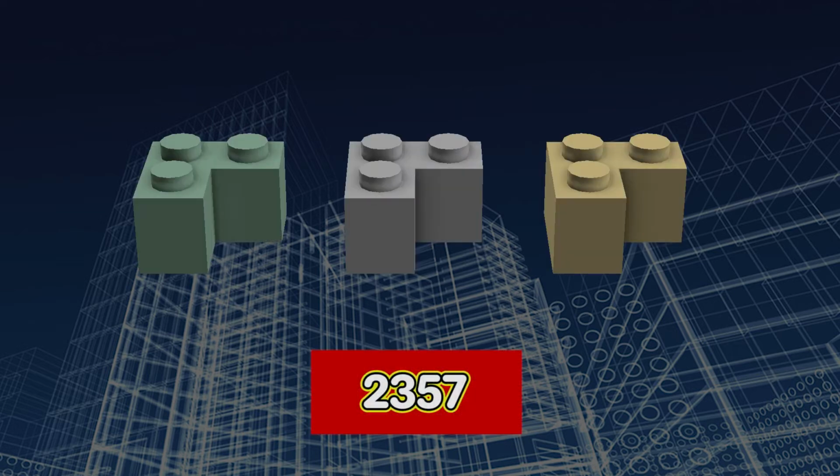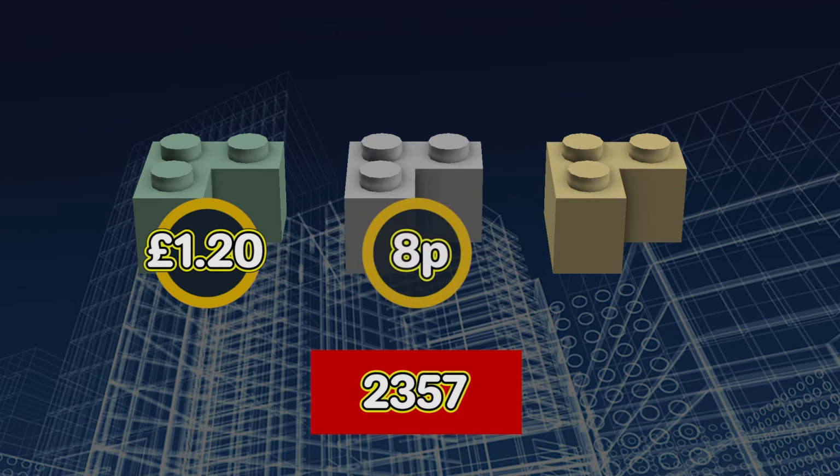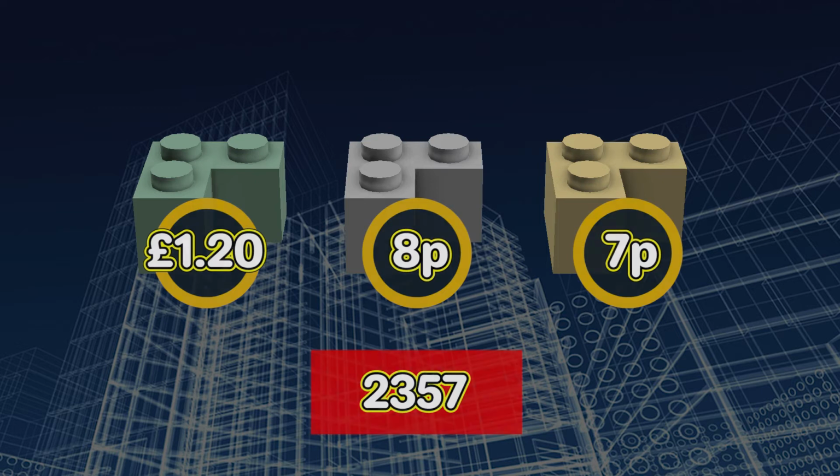For example, this 2x2 corner brick in sand green isn't available from Lego and can cost £1.20 on Bricklink, whereas the same brick in light bluish grey or tan might only cost 7 or 8 pence.